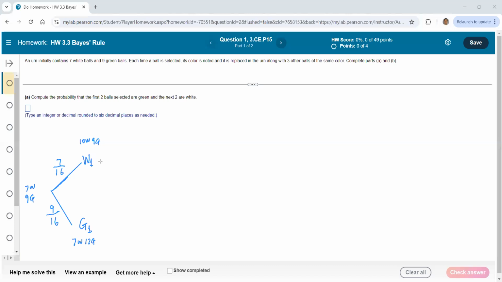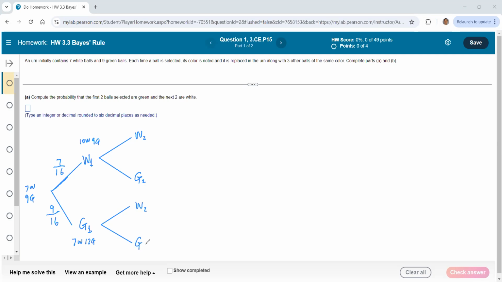Okay, and then we look at the second step. And again, we have white and green. So now the second step with white, green, white, and green.